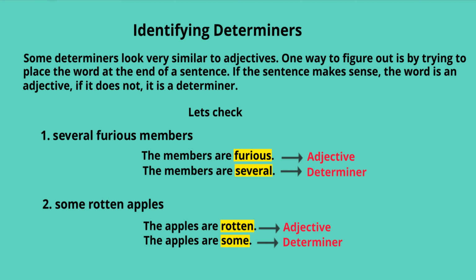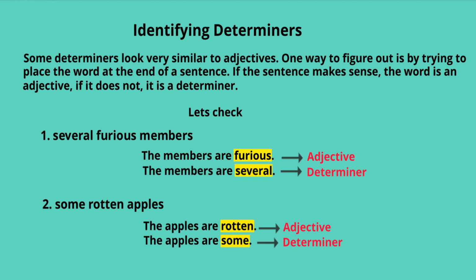Several furious members. You want to identify which one is an adjective and which one is a determiner. Now, let's put the word at the end of the sentence. Let's take furious. The members are furious. That makes sense, right? It is a complete sentence. So, furious would be an adjective.